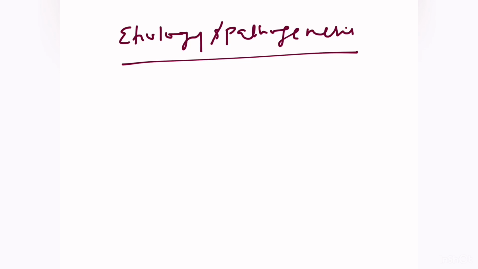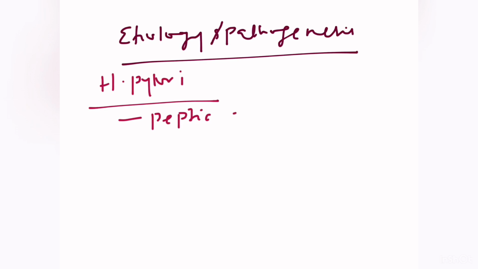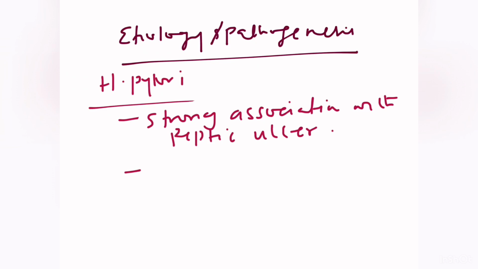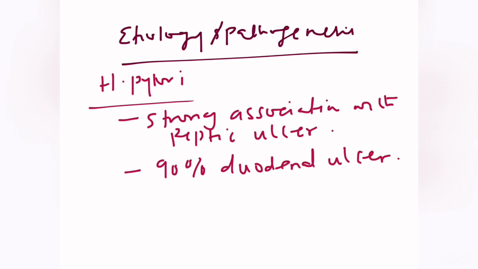Number 1, let's take a look at H. pylori, the infectious one. This H. pylori is very strongly associated with peptic ulcer. In 90% of cases it causes duodenal ulcer, and in 70% of cases it causes gastric ulcer.